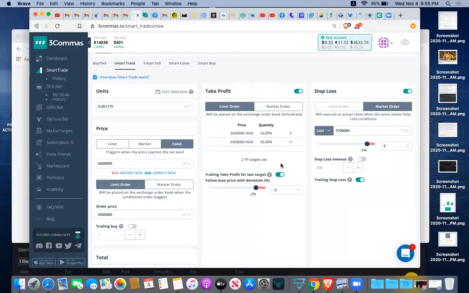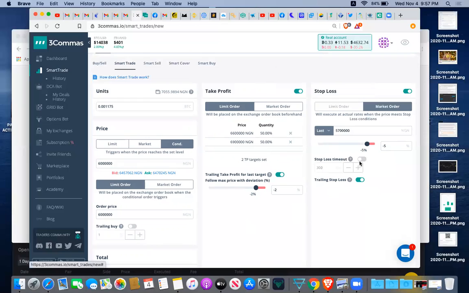That means when the market starts to drop, your stop loss will be activated at 6.2 million. Now, it means you have lost 5%, not of your capital, but the expected profit you ought to make if the market hit 6.5 or 6.6.